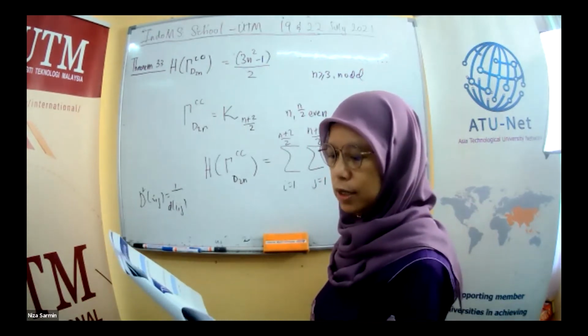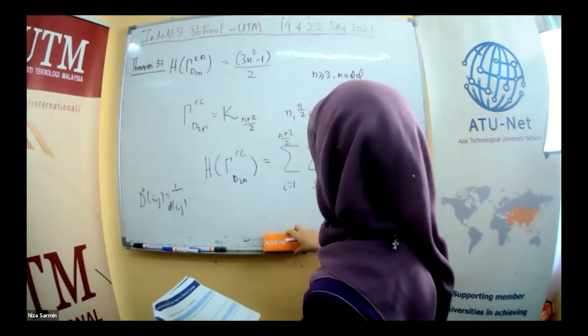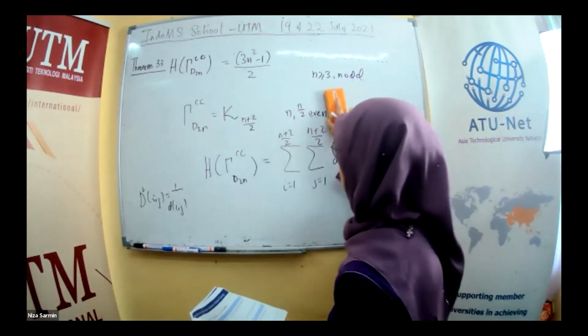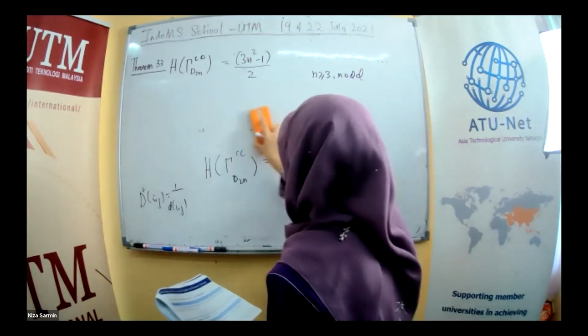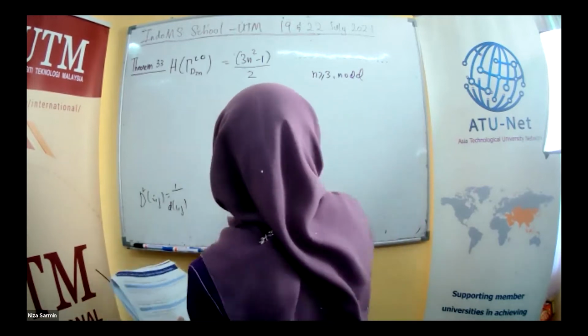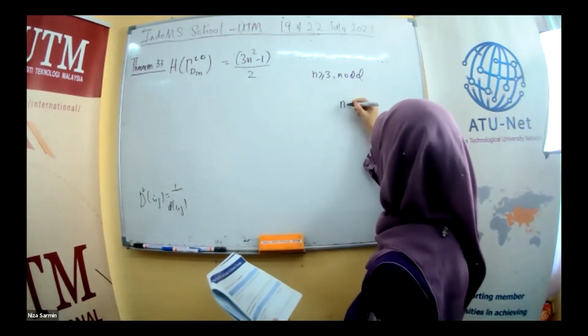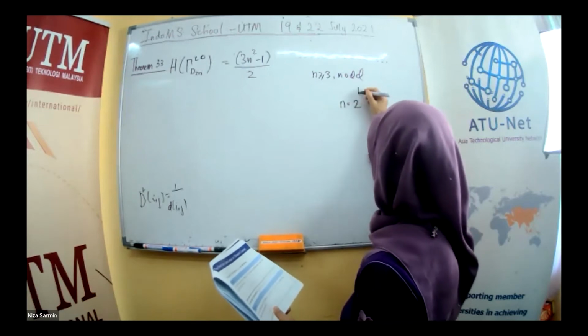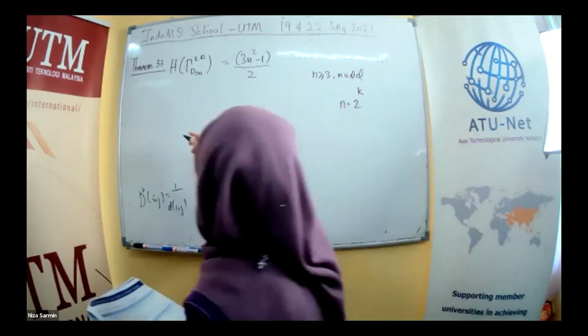The next one is when we have two cases, right? This next one is for the case n equals 2 to the k. Okay, this becomes a theorem.